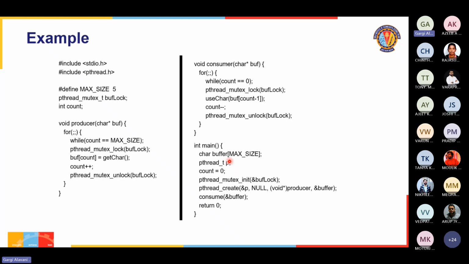We have pthread p and we use a mutex which is created. Here we have declared this pthread mutex because we want it to be accessible to both producer and consumer. Then we create a producer thread.